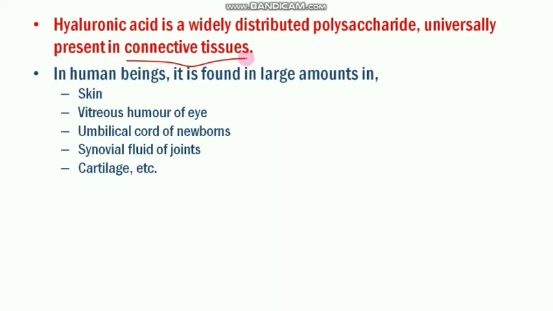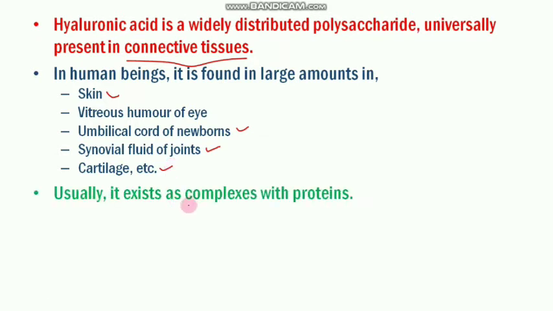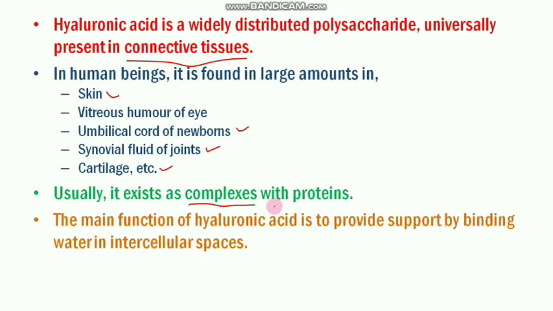In human beings, it is found in large amounts in skin, vitreous humor of eye, umbilical cord of newborns, synovial fluid of joints, cartilage, etc. Normally, hyaluronic acid exists as complexes with proteins. The main function of hyaluronic acid is to provide support by binding water in intermolecular spaces.